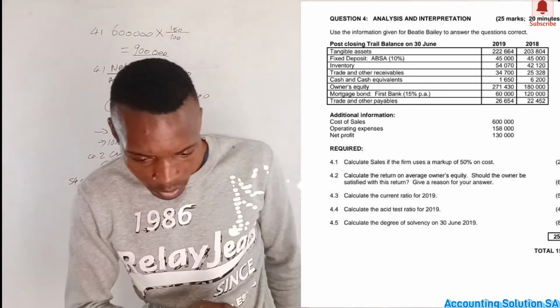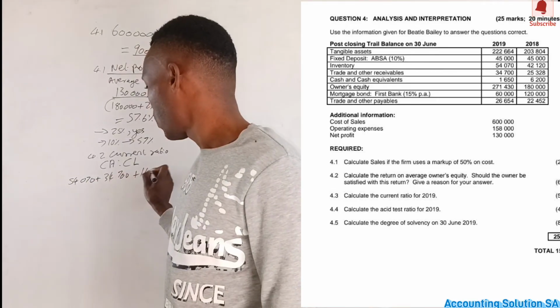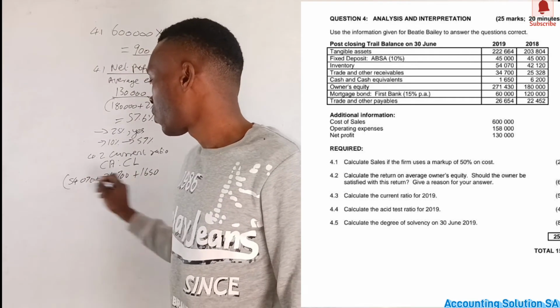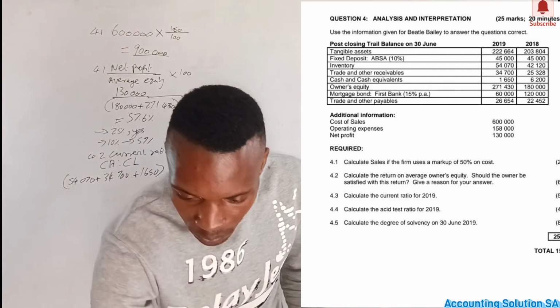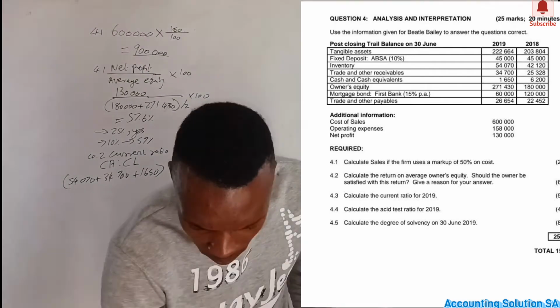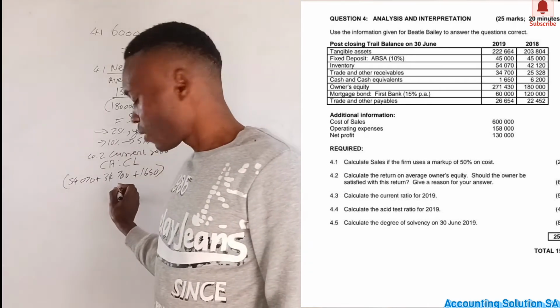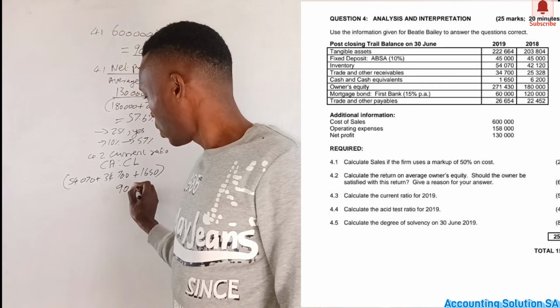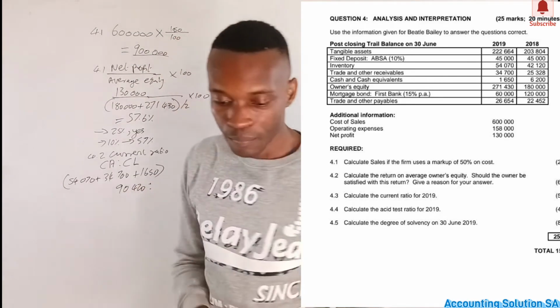Let's check if we have another one. Cash and cash equivalent of 1,650 is also a current asset, which means that you must add all these. Then you will get the amount of 90,420.